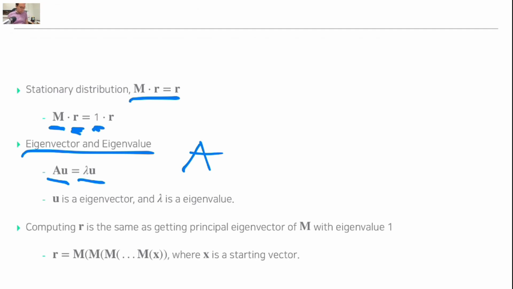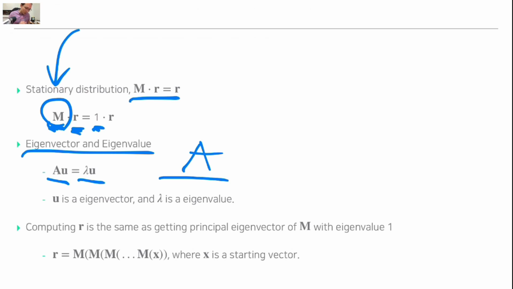So computing the PageRank is the same as getting the eigenvector, right? We have the M. From the graph, we can construct M mathematically, not just numerically, considering the outbound links.